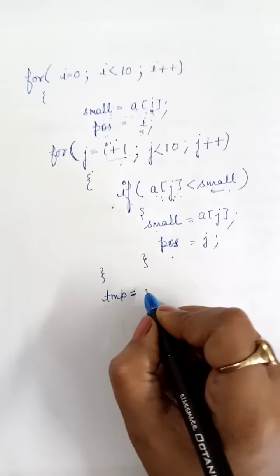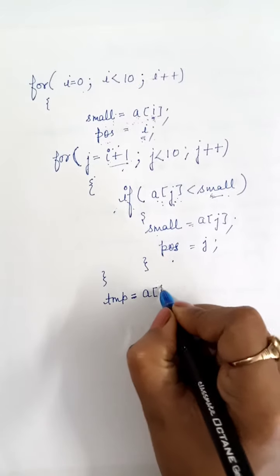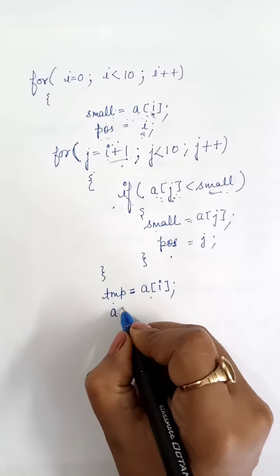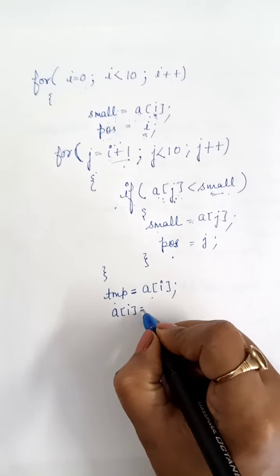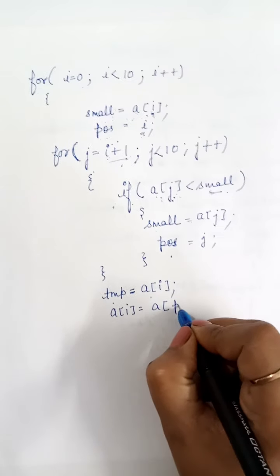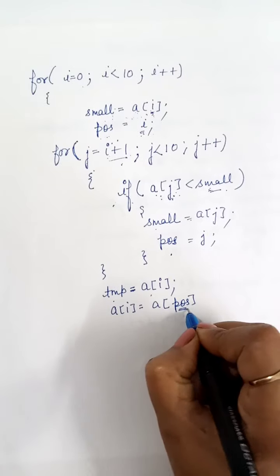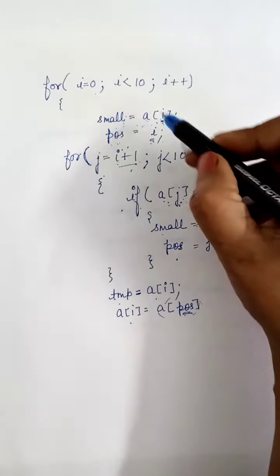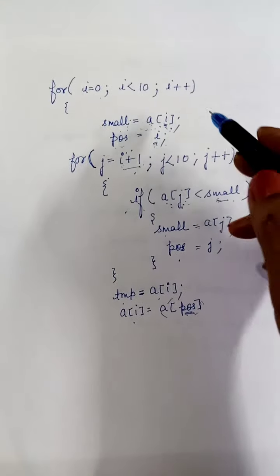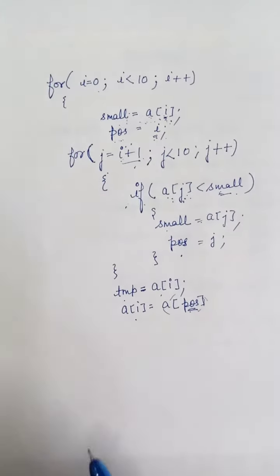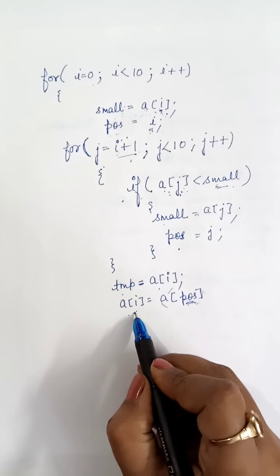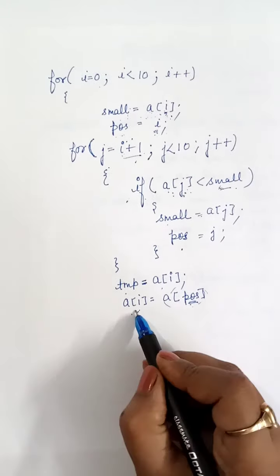So the value of A of I goes in temp. The position of the smallest element is in POS. This one is the smallest, we are storing it within A of I. A of I is this time A0, the very first position. At the 0th position we are storing the smallest element.